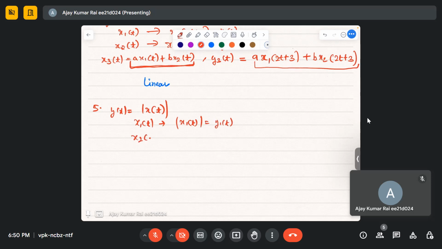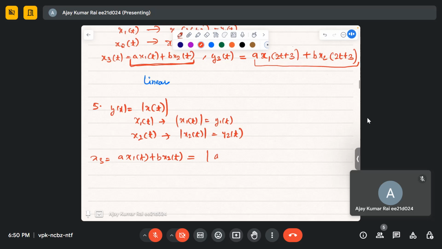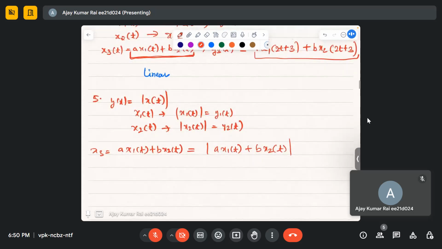And if you give x2(t), then this is mod of x2(t). So I'll give a x1(t) plus b x2(t), this is x3. So what I should get is the mod of a x1(t) plus b x2(t). This is what I'm getting if I put this.